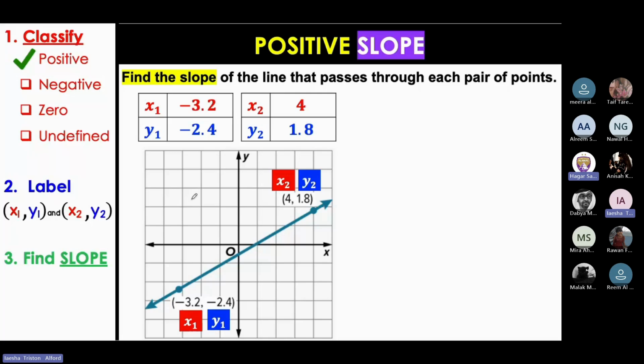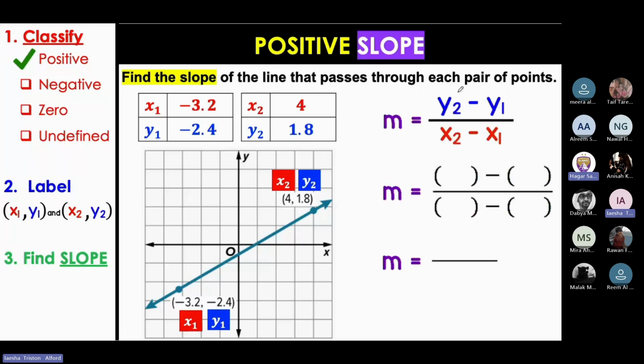After this one, you have to make sure that you use the slope formula. Y2 subtract y1 over x2 subtract x1. Do not forget to put the parentheses and the subtract in the middle. You really need to make sure you have parentheses on all of your negative numbers, okay?